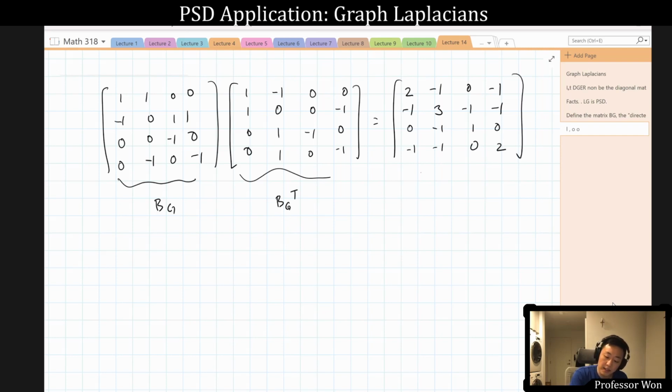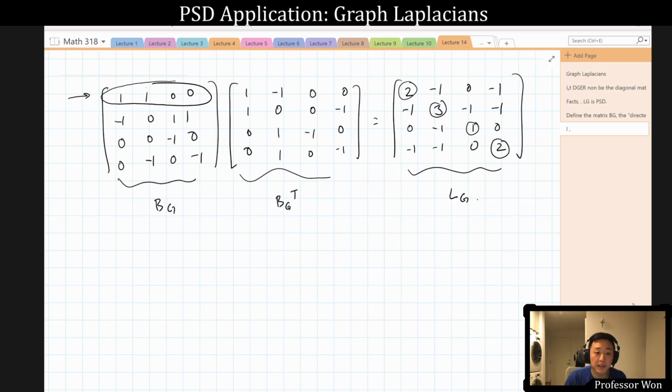And this thing was exactly our graph Laplacian LG. It captured the degrees of the vertices along the diagonal, and then it had minus 1s representing the different edges between the different nodes. And now, why did this really work? So let's think about this. Remember that the rows of BG are indexed by the nodes.